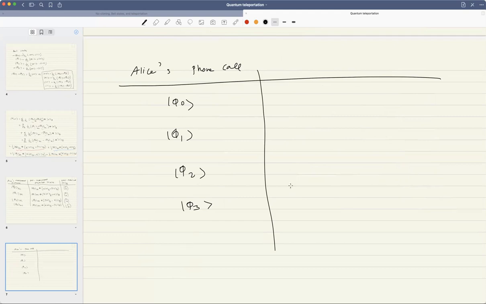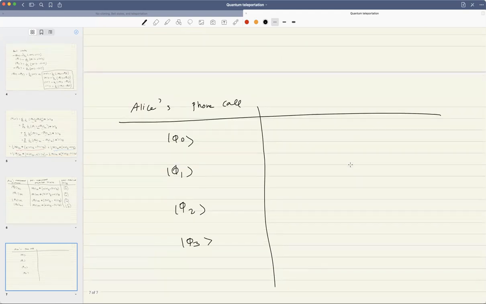So then Bob can apply a unitary operator. He can form some gates and apply it on his qubit. And he knows exactly what to do. So let me write some U here. It's a 2x2 unitary that Bob just creates and applies to his qubit.